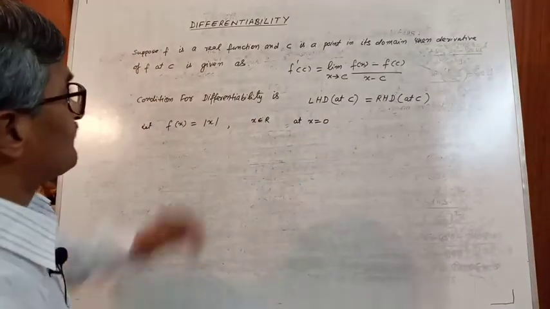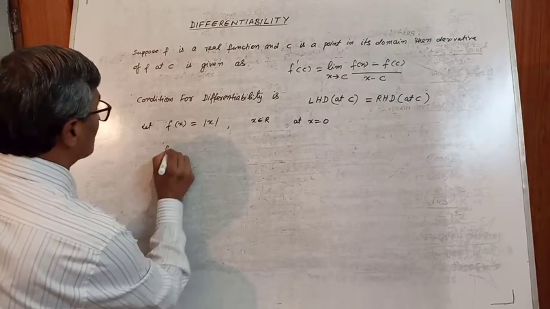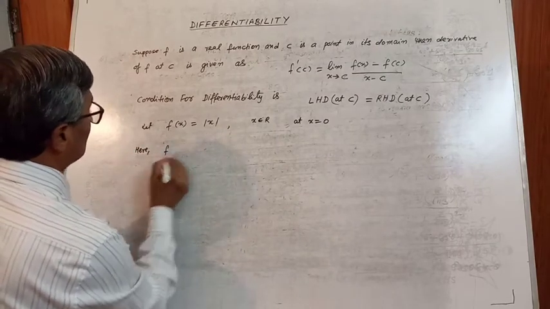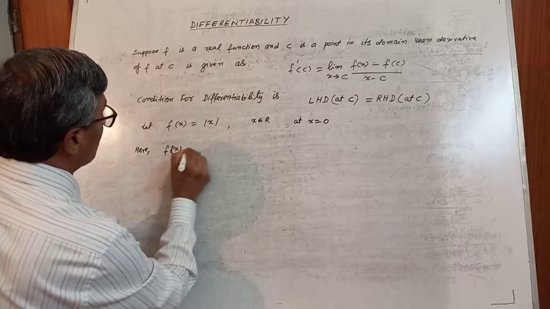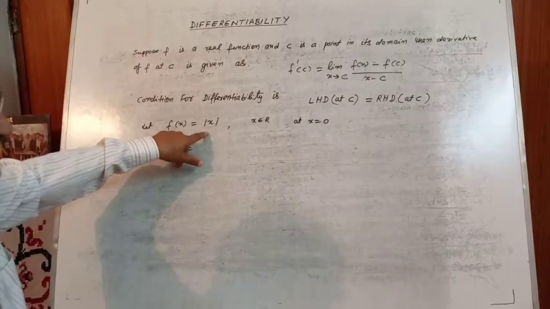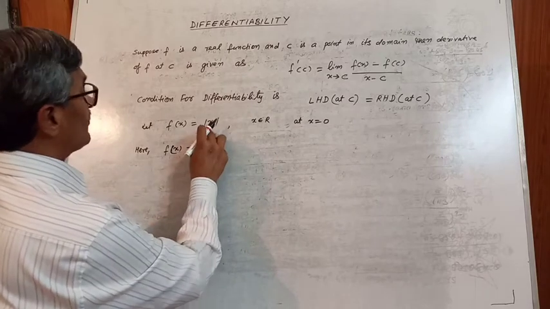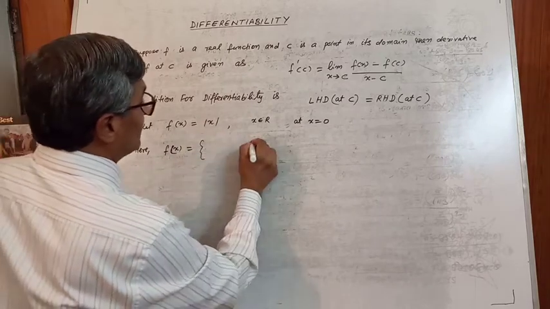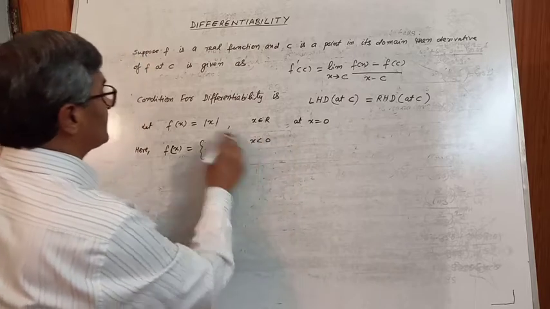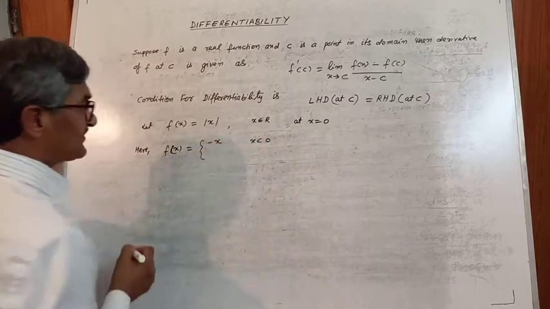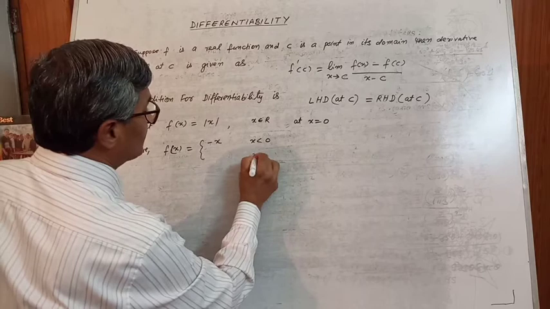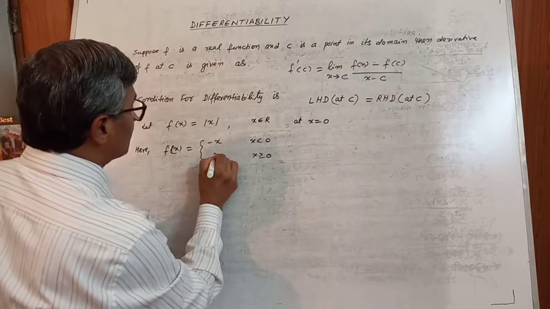So same way here, f(x) is equal to modulus x, so we will define this one. Modulus x will be positive: if x is less than 0, in that case you have to take minus x, and if x is greater than or equal to 0, in that case this will be x.